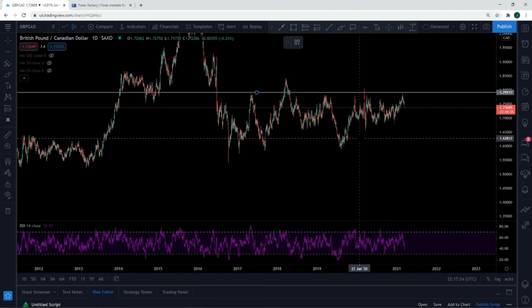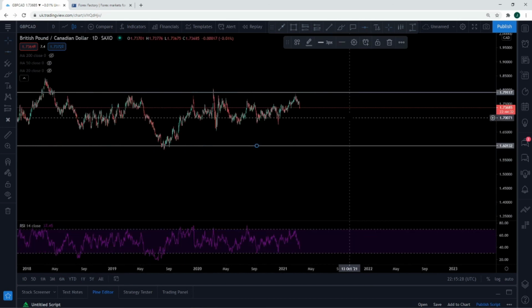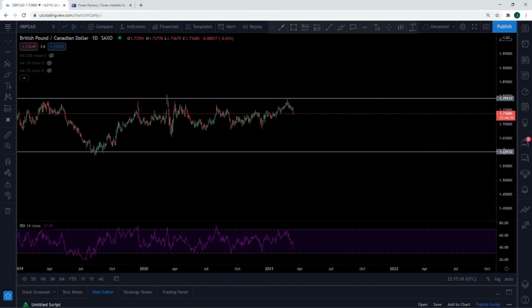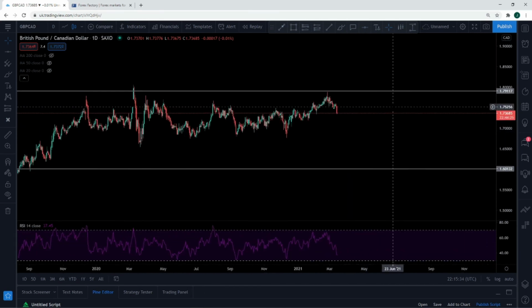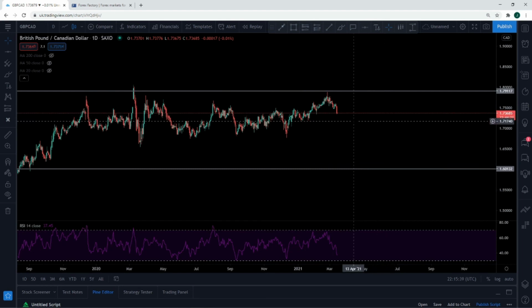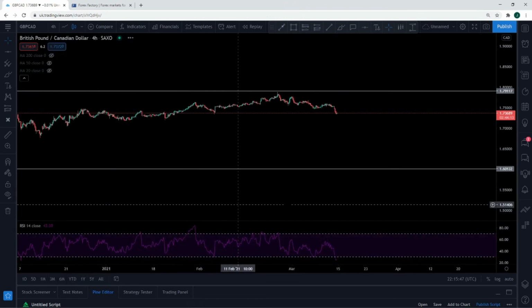As you can see, guys, GBP CAD has been in that zone for a very long period of time, trading between that range, which is 179.11 and 160.13. So we all know that price has been trading within that range. Now we're going to move to our 4-hour time frame.